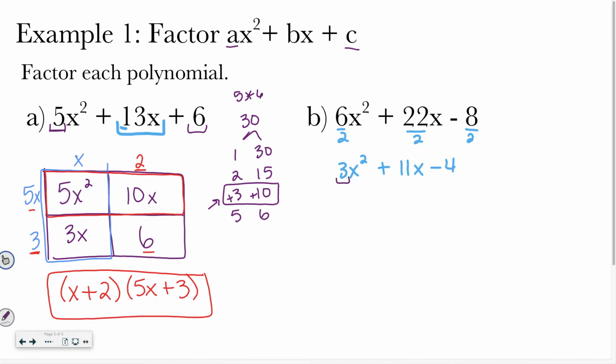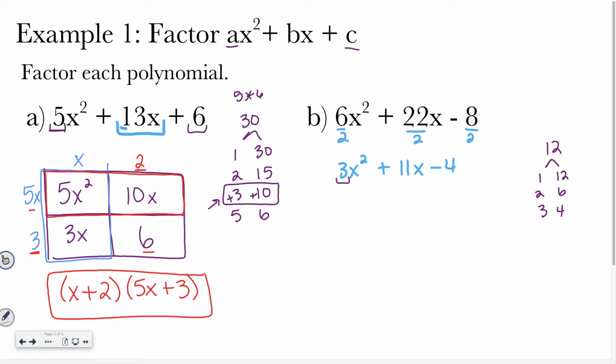And now I do the same process that I did on the last problem. I say what's 3 times negative 4? That is negative 12. But I'm going to just treat it like a positive right now, because I want to know the factors of 12. So I have 1 and 12, 2 and 6, or 3 and 4. Now, if I have to multiply to a negative number, which I do here, I need at least one of my numbers over here to be negative.